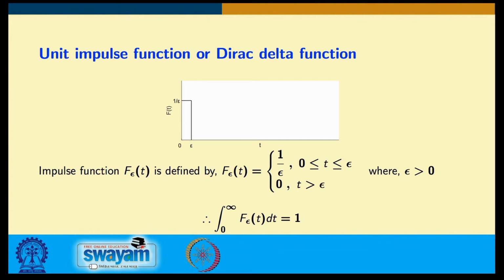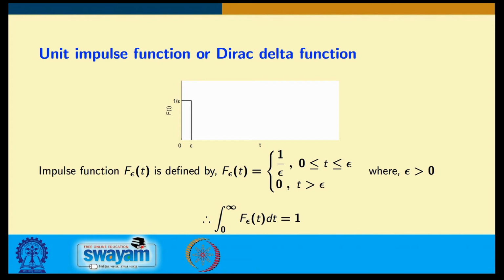Please note that the Dirac delta function is defined like this: f epsilon(t) equals 1 by epsilon when t lies between 0 to epsilon and 0 whenever t is greater than epsilon, and the integral from 0 to infinity of f epsilon(t) dt equals the integral from 0 to epsilon of f epsilon(t) dt, which equals 1.